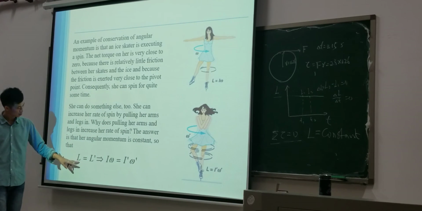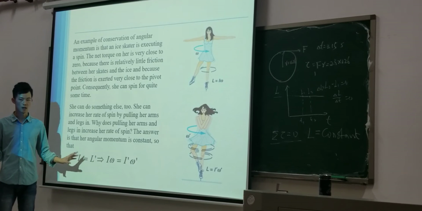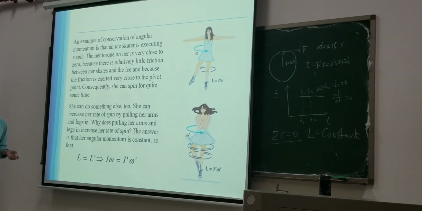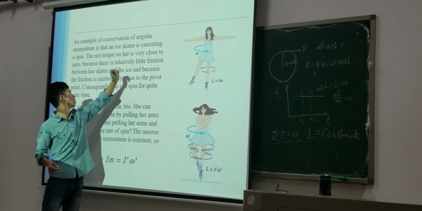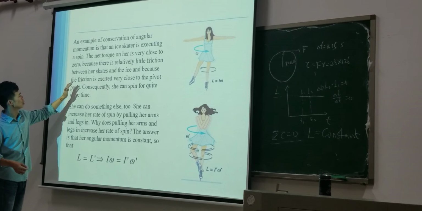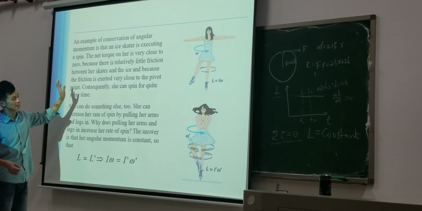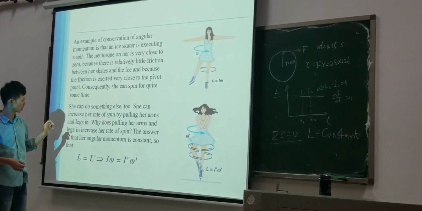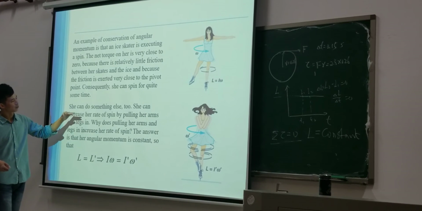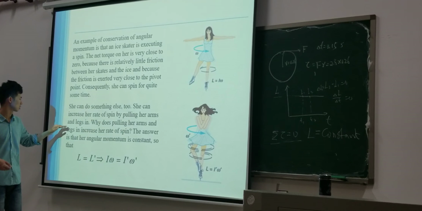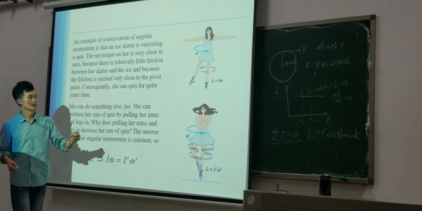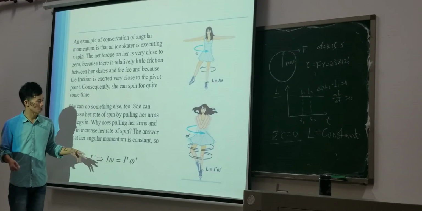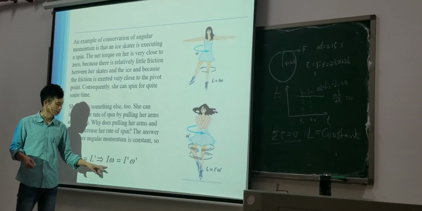So the L equals this L, because this is the conservation of angular momentum, because we can ignore the torque acting on the skater. So when she pulls her arms and legs in, then the moment of inertia will be decreased, but the angular momentum is the same.